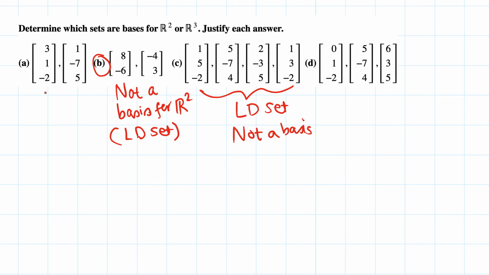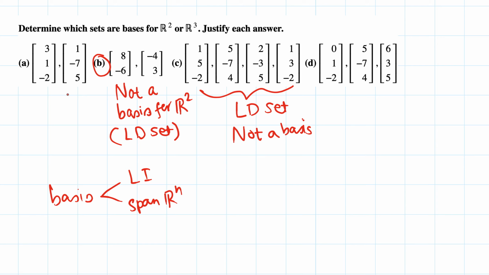So this is a linearly independent set. That's good, but for a basis, we need two things: linear independence, and the set should span the corresponding space. Here we got three components, so these vectors are coming from R3, and these two vectors can't span R3.